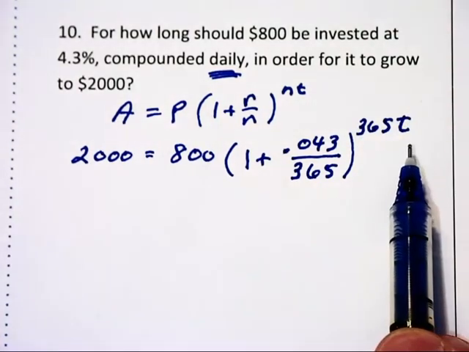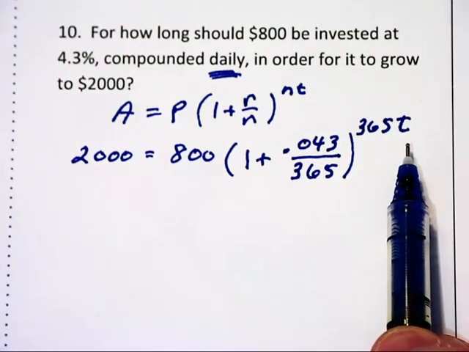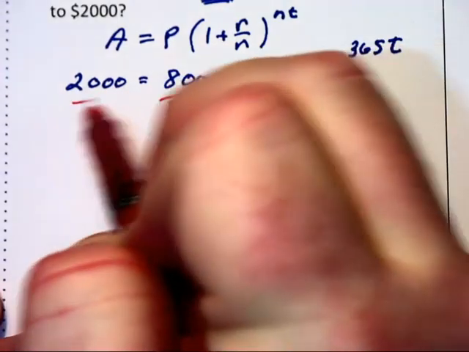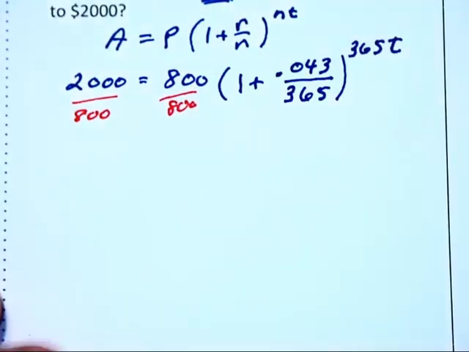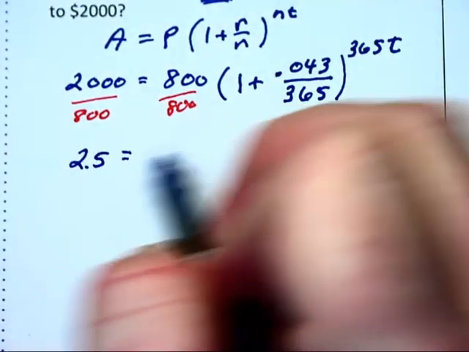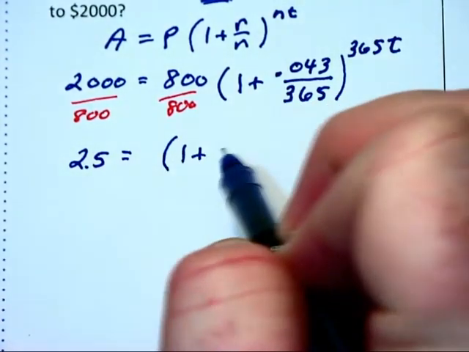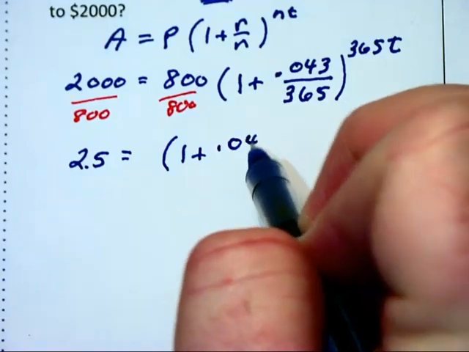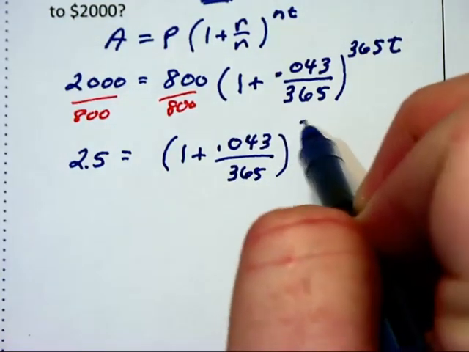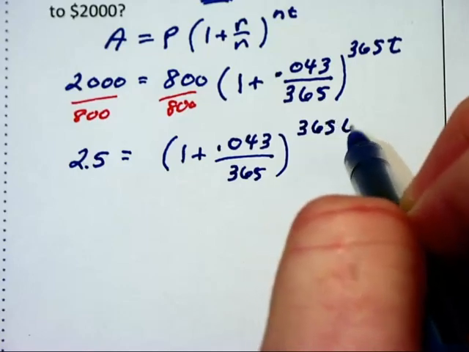Time, how long this should be invested, is what we're solving for. Okay, now we want to divide each side by 800, and this will give us 2.5 on the left side of the equation, equals 1 plus 0.043 over 365 raised to the 365 t power.